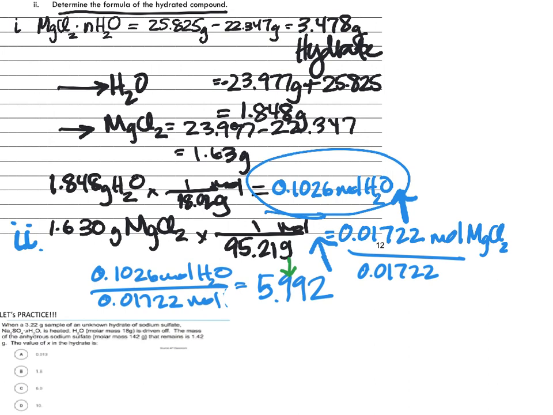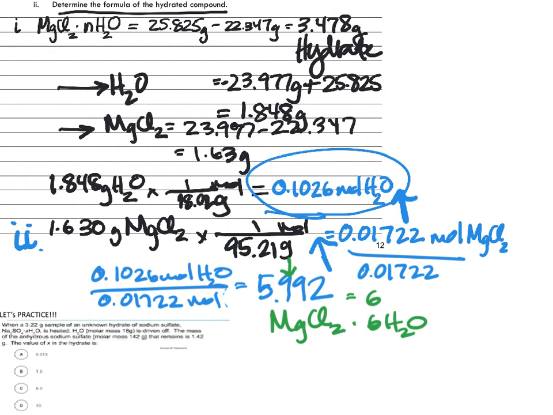If it ends in like 5.5, we would have to multiply both of them by 2 to get a whole number ratio. And so this would be 6, and we would say MgCl2·6H2O. Does that make a little bit more sense on what we're doing?